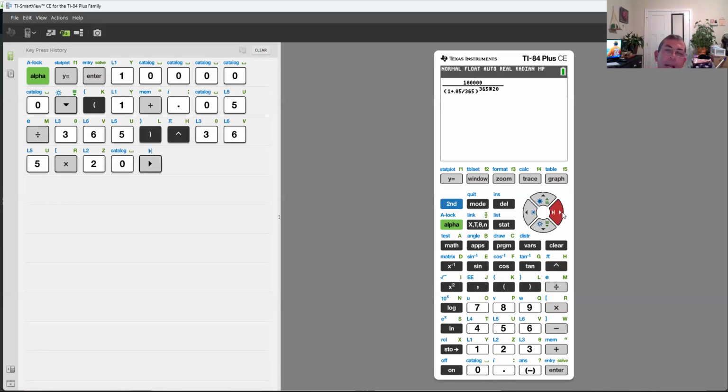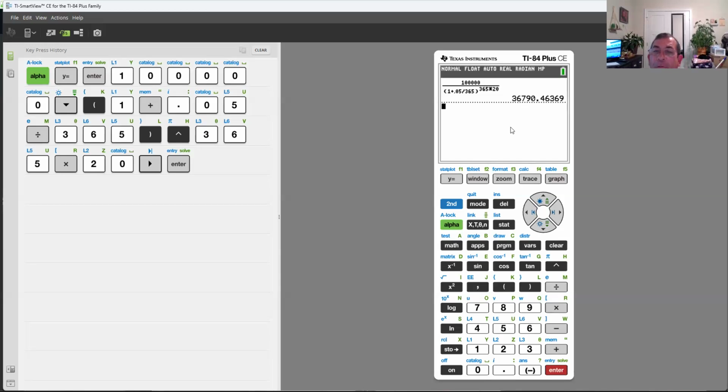Okay, y'all? Now, I will show you the other way if you don't have that fraction option. But on this one, when I hit enter, I get $36,790. And what's that? 46 cents, rounding off 2 decimal places.